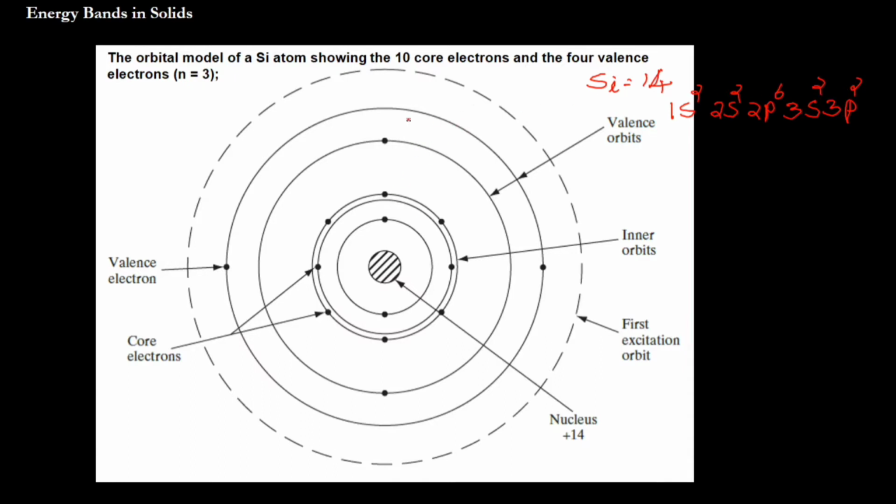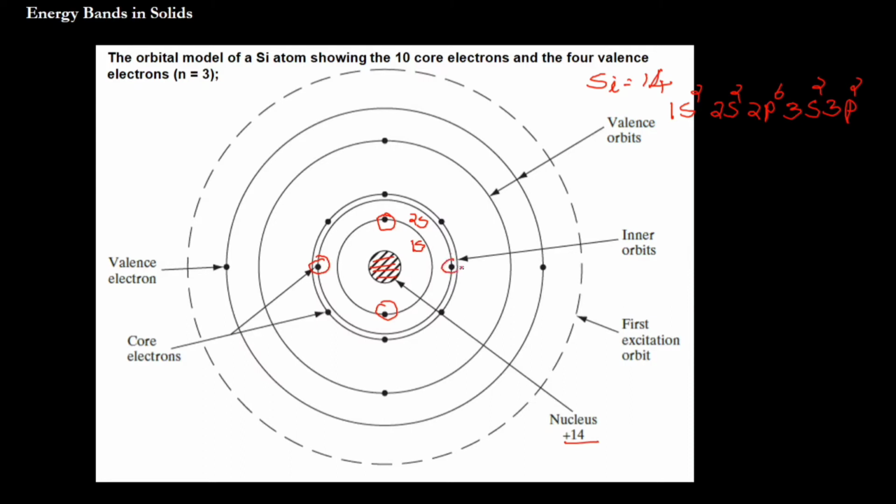So here we can see the nucleus of silicon, which has 14 protons, positive charge. The 1s orbit has 2 electrons. The 2s orbit has another 2 electrons.